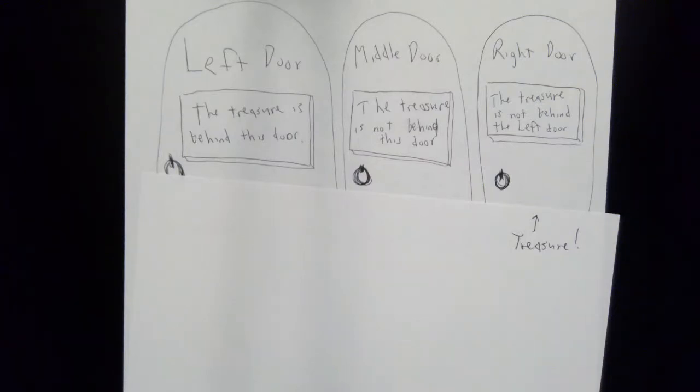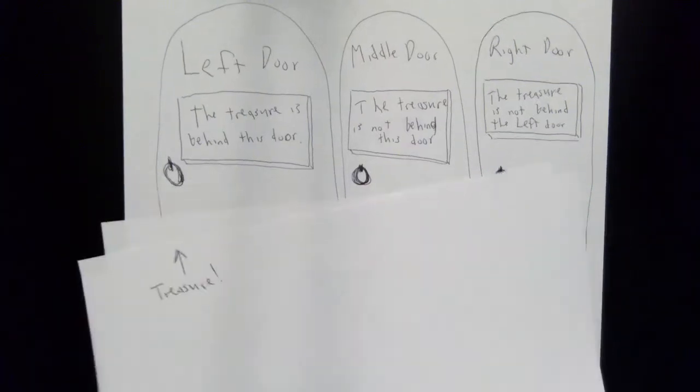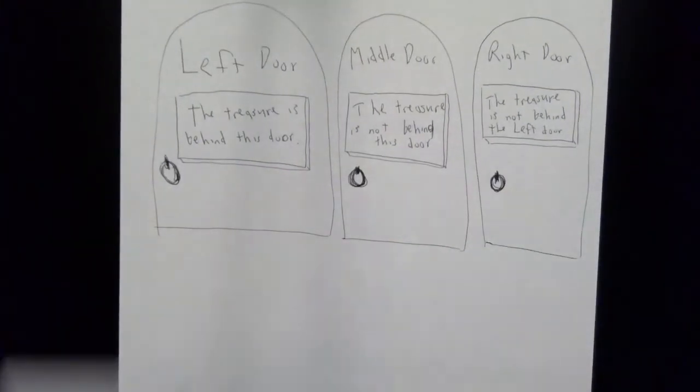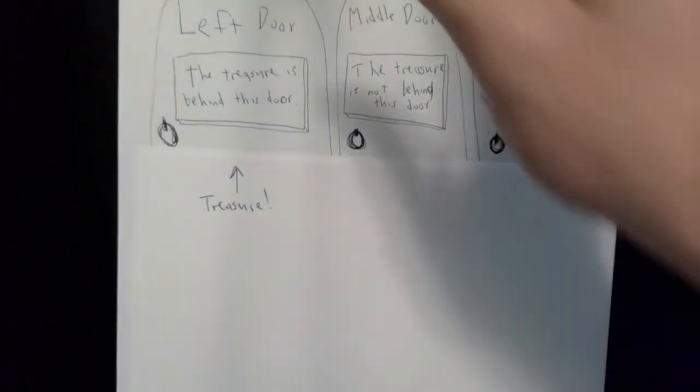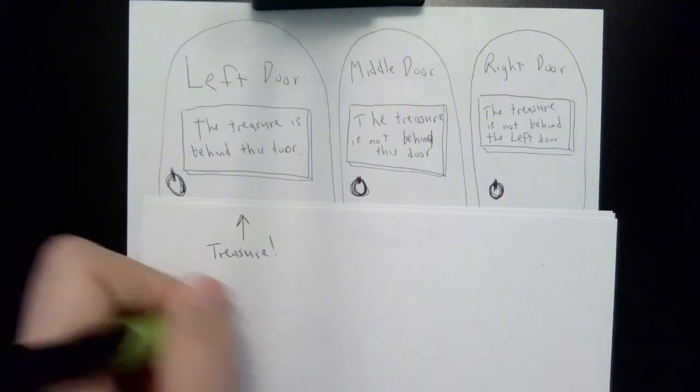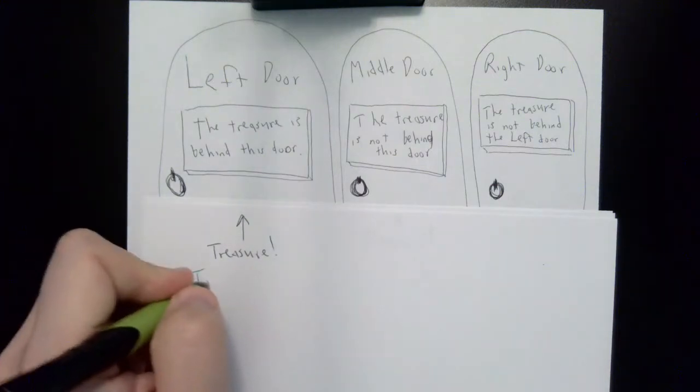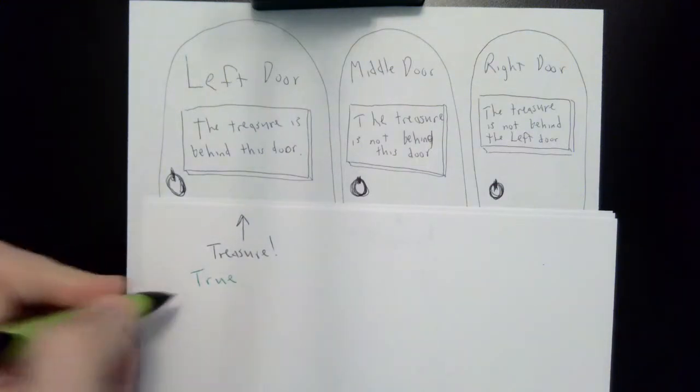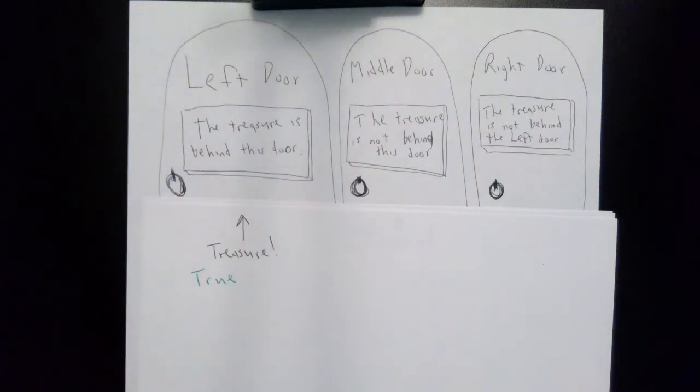So I'm going to go through each of these scenarios, remembering that only one of the 3 statements on the doors is true. Let's start with the treasure behind the left door. Then the left door's statement is true, because the treasure is behind it.